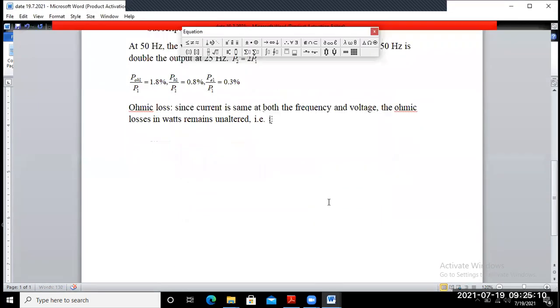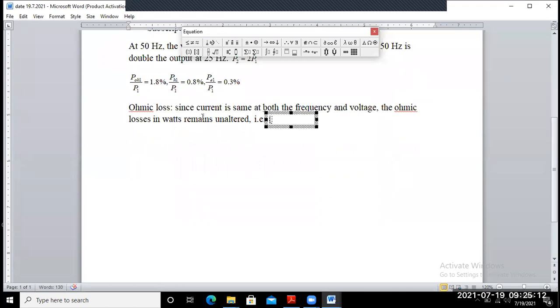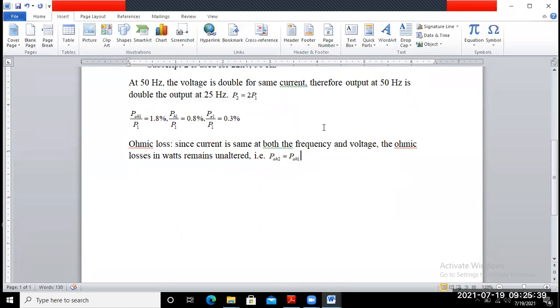So you will write POH2 equal to POH1, is it not? So ohmic losses are also the same in both cases.